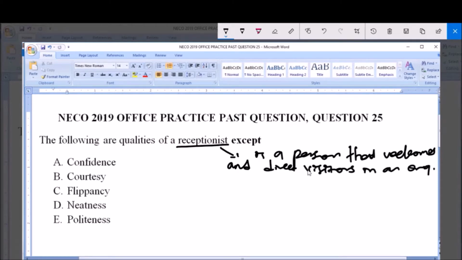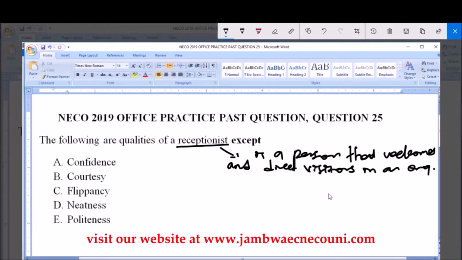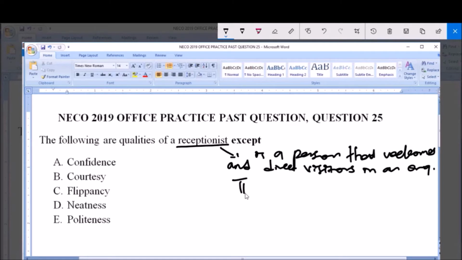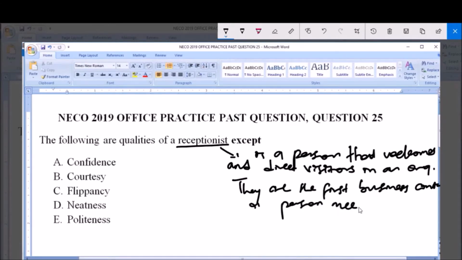Their work is usually performed at the front desk of an organization called the reception, and in most cases they are the first business contact a person meets in an organization. And so therefore, for the effective run of an organization, a receptionist must possess good characters and good qualities.